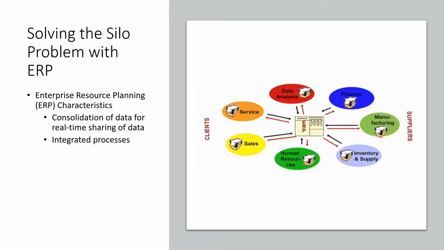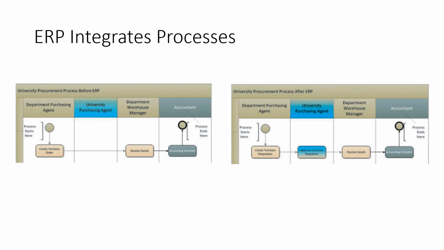It takes all this data and it consolidates it within real time. If somebody makes a sale, that's automatically pushed through to all the other systems. If somebody's fired, that's automatically pushed through to all the systems. Everything is integrated within the ERP system, and all the processes tie back into the ERP system.